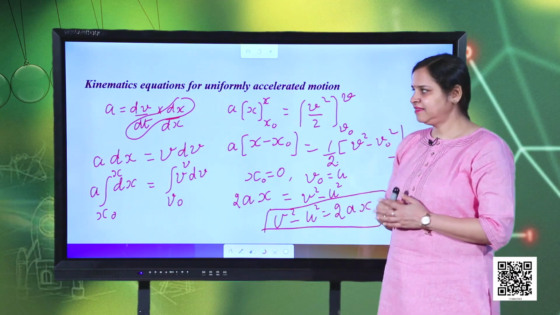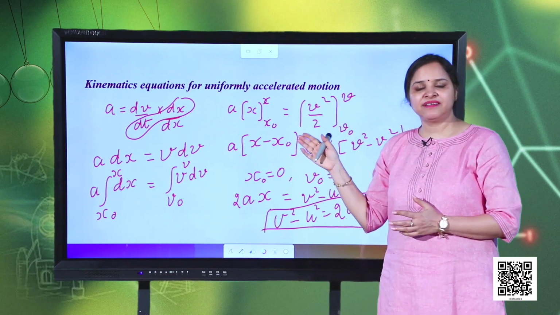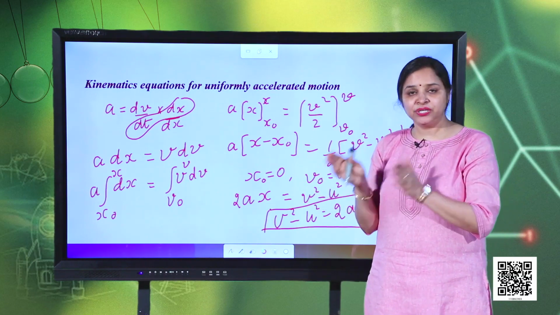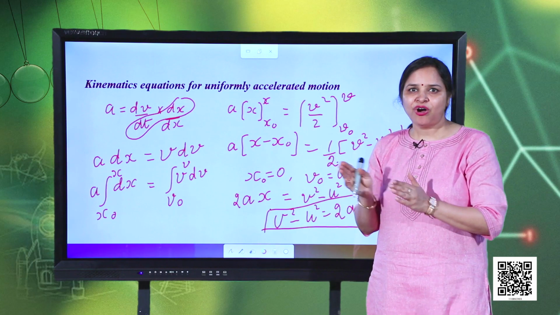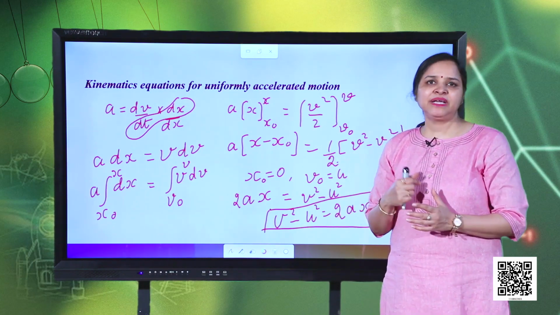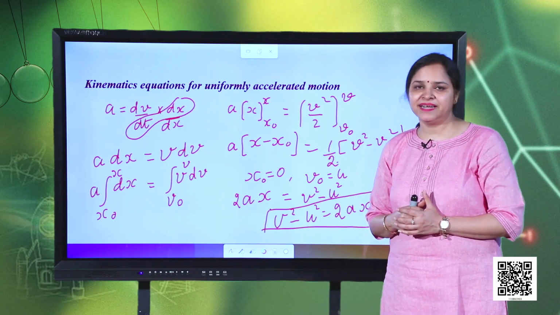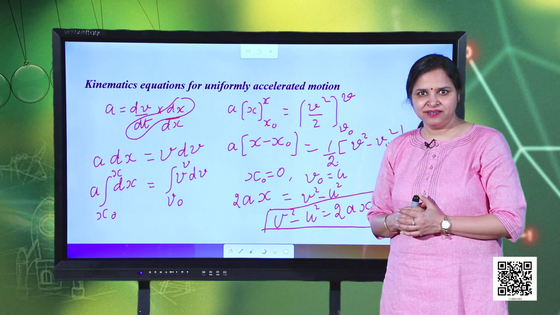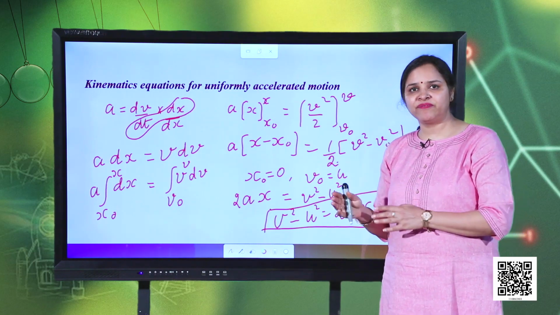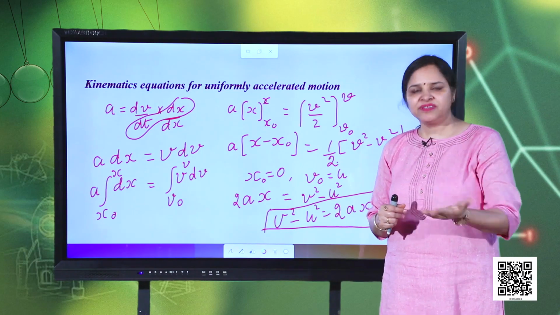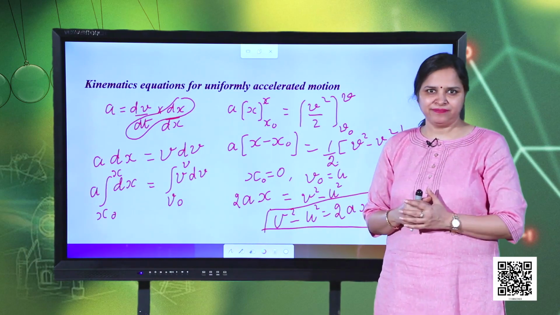Now, we can see that 3 equations are obtained using a simple condition, using a simple example of uniformly accelerated motion. Now, these equations can be applied in different situations, in different examples of motion in which the body is moving with uniform acceleration, and the various other physical quantities can be determined.